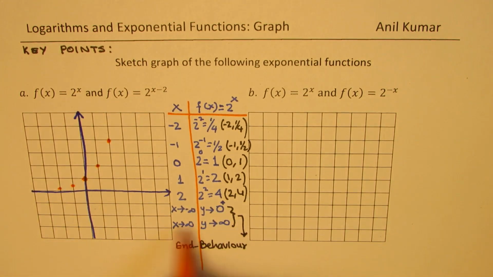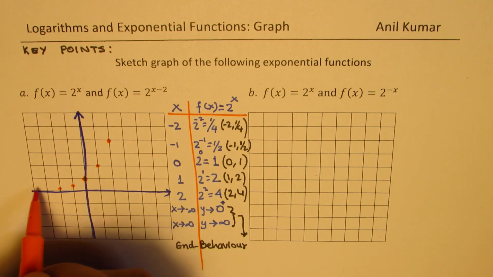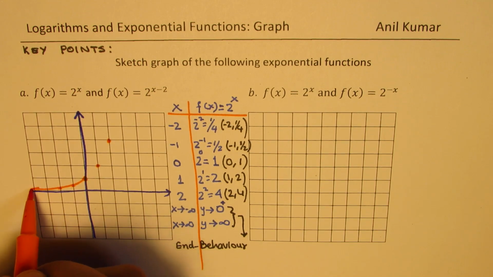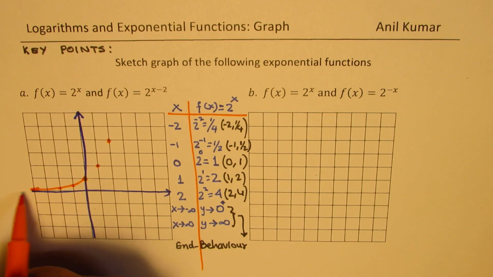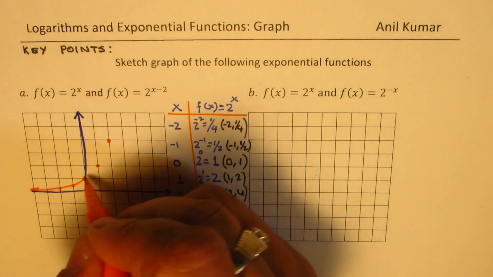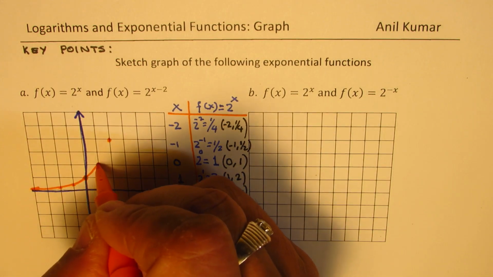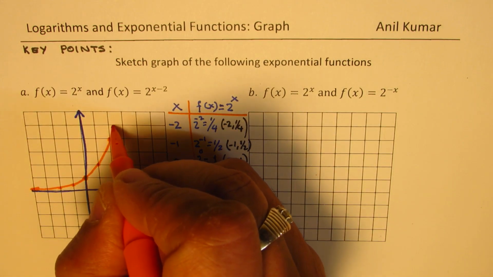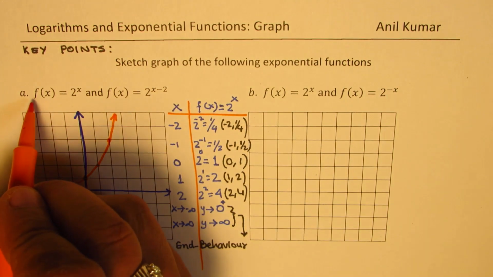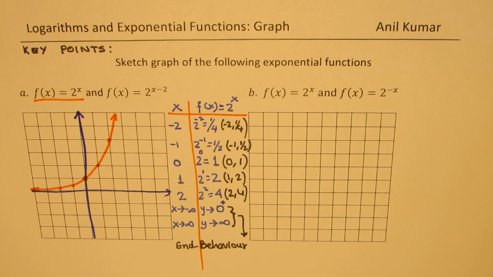And we know it is approaching 0 on this side as you approach negative infinity towards x, and on the right side it is approaching infinitely large values, so kind of like this. That gives you the graph for the function f of x equals 2 to the power of x. Clear?